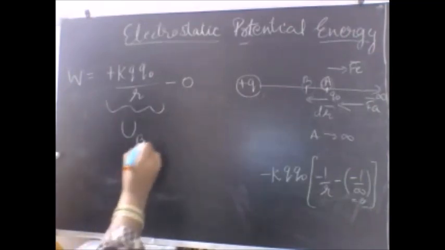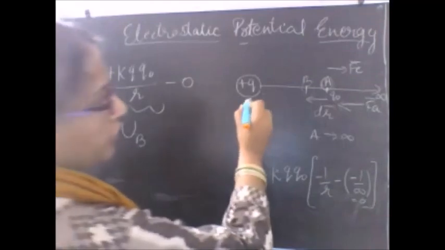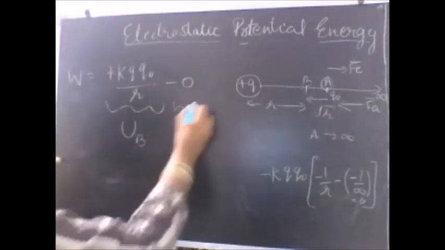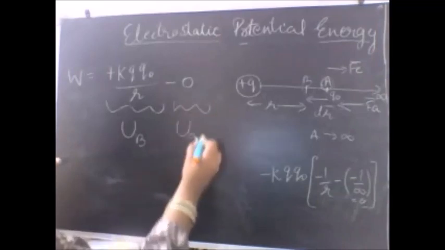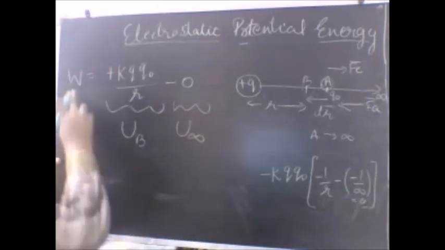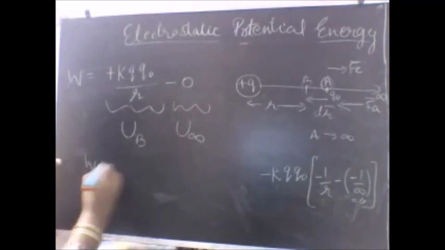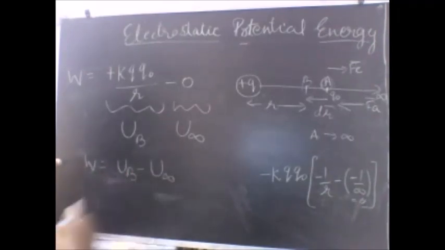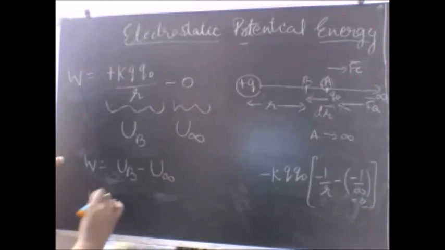At the point B. Let me say that this distance here is r, and what is this, children? This is the potential energy at infinity, and this says that work done is equal to potential energy at B minus potential energy at infinity, and this is your work energy theorem that you studied in your 11th standard. If I rewrite, this comes out to be work done is equal to delta U.